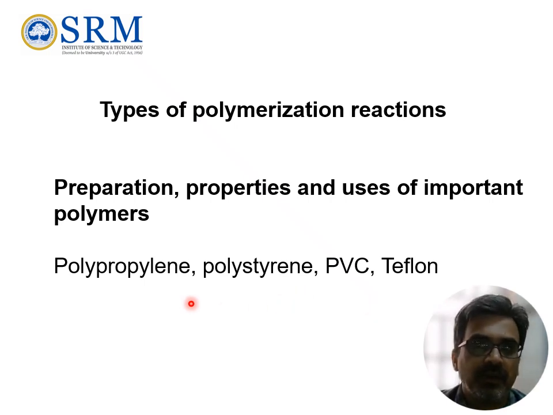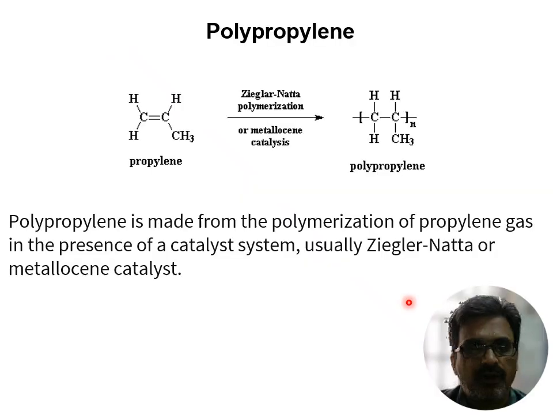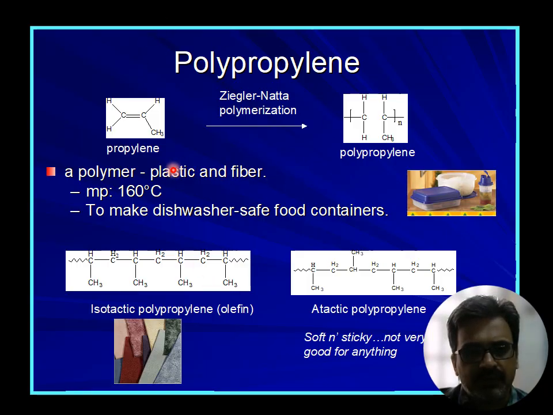Polypropylene, polystyrene, PVC, and Teflon. Polypropylene can be synthesized by polymerizing propylene using Ziegler-Natta polymerization. This is how propylene is polymerized, and we get a stick or fiber kind of material where the melting point of this polymer is close to 160 degrees.